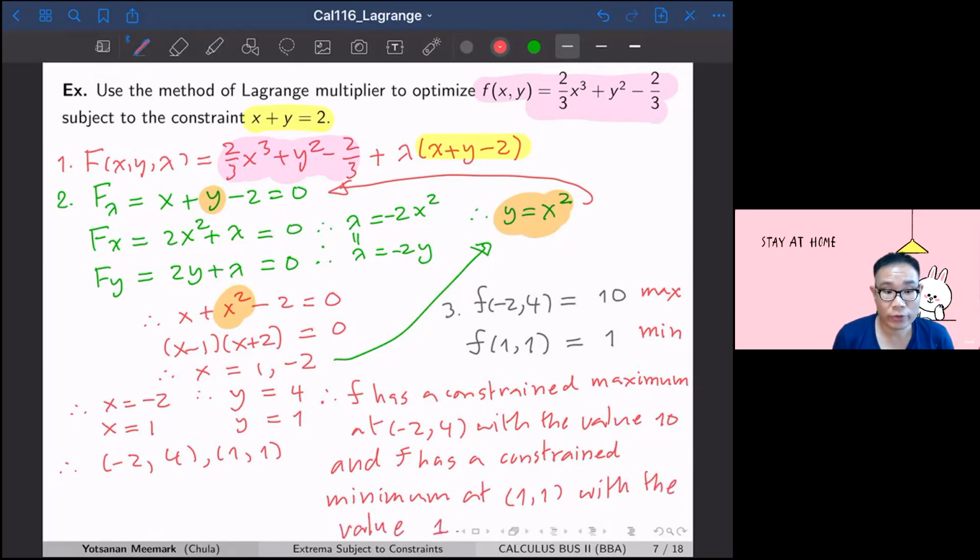Okay, so this is how we conclude for this problem. Okay, so this one.